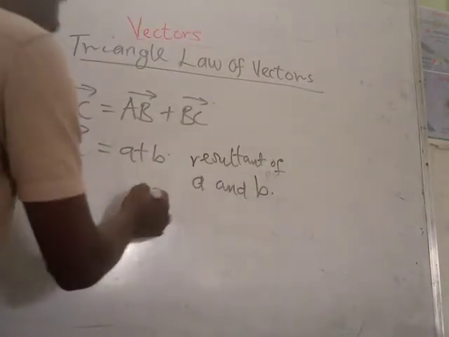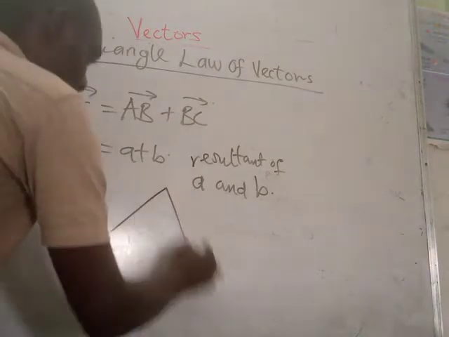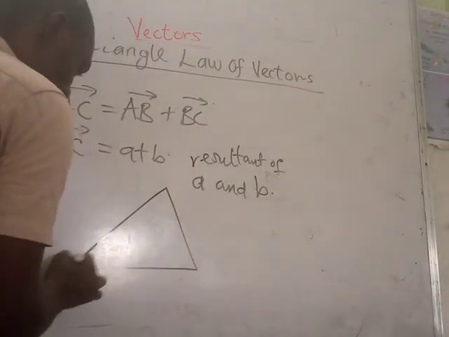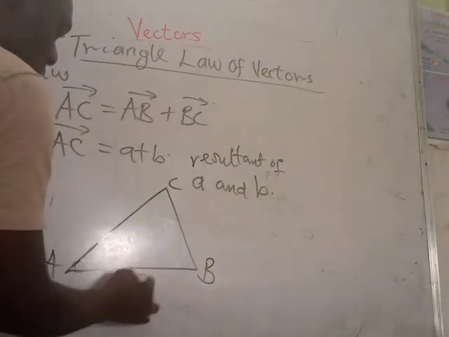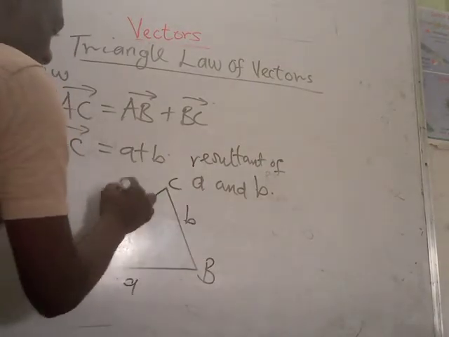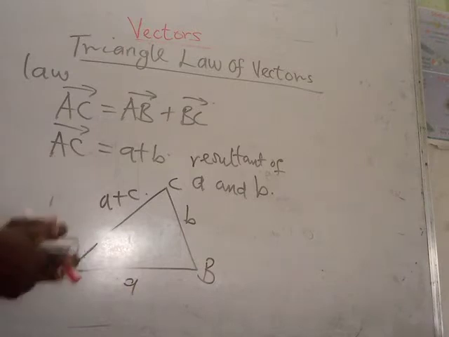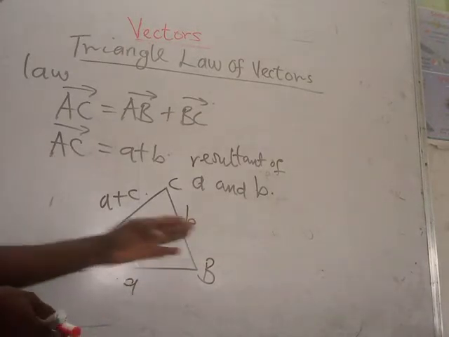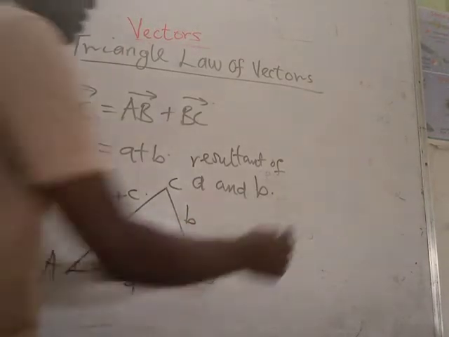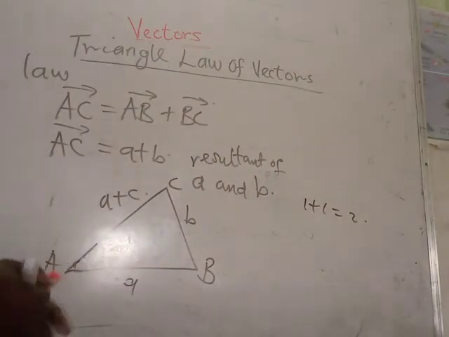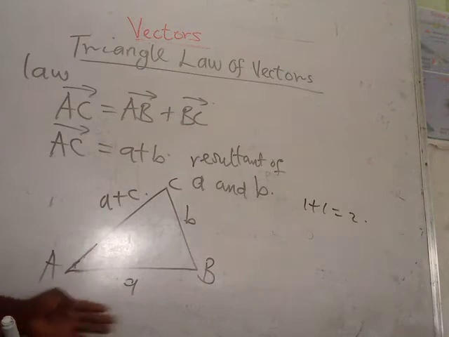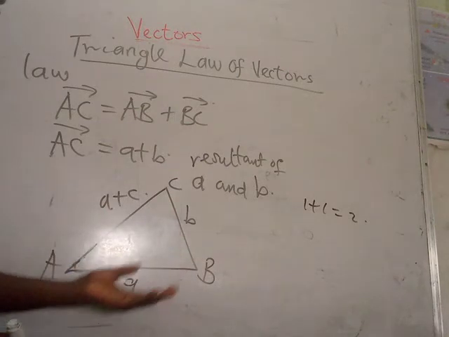Now let me redraw that triangle again. We have something like this. So I have A, B, and C. Now this addition, A plus B, is not the normal addition where you have 1 plus 1 equals 2, because you have to take into consideration that these are vectors which have magnitude and direction.